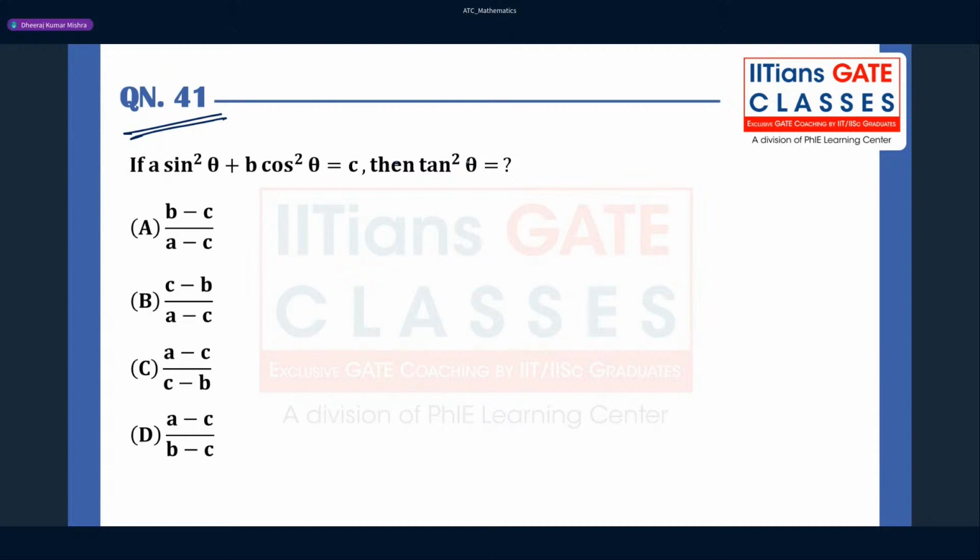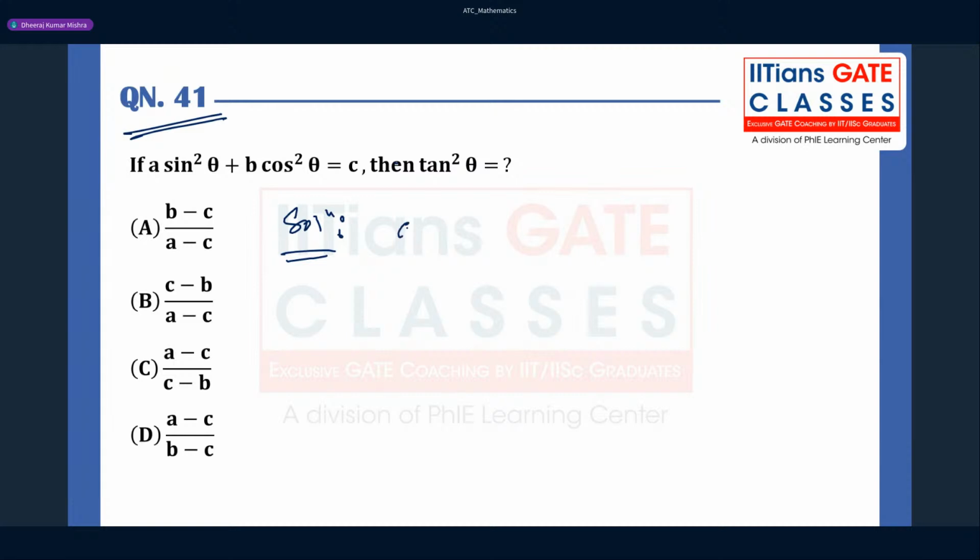What is the first approach that you have to do? This is not a new question; it is from plus two only, from some exam. Please tell me what is the first step you can always do in this question. You can always express cos theta in terms of sine theta only.